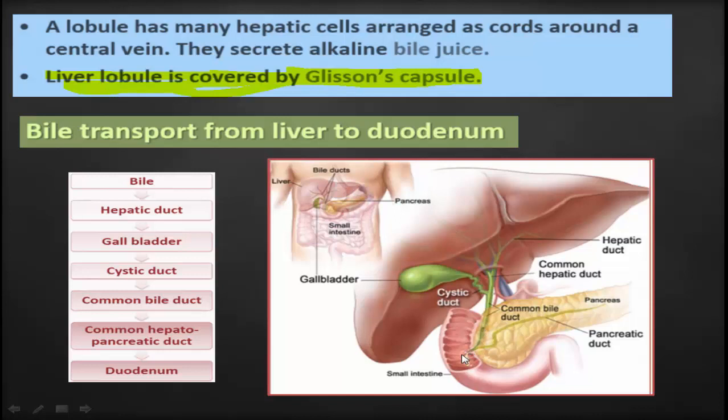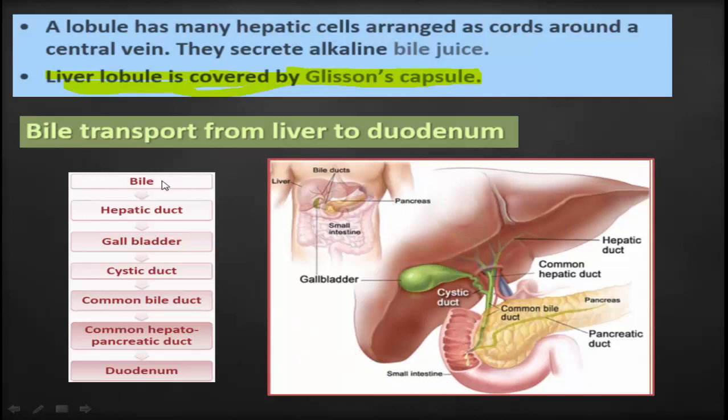What is that? Hepatopancreatic means here it receives the hepatic duct as well as the pancreatic duct. Both of them are joined here, and that represents the common hepatopancreatic duct, and through this duct finally the bile juice is secreted into the duodenum of small intestine.